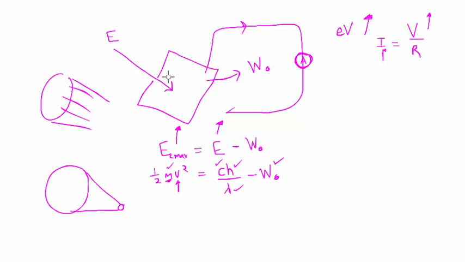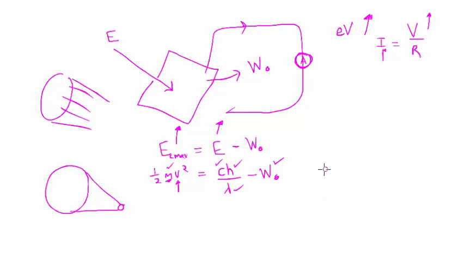So what will that affect, voltage or current? Current. Current is the number of electrons leaving every second. So increasing the intensity doesn't increase the energy that you can deliver, but it does increase the number of electrons that can deliver energy. Does that make sense? Great.